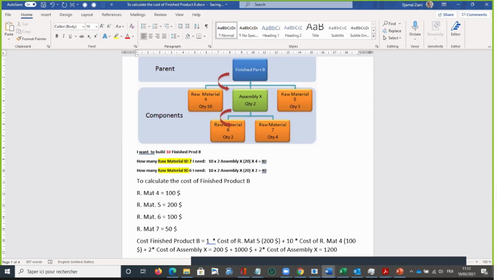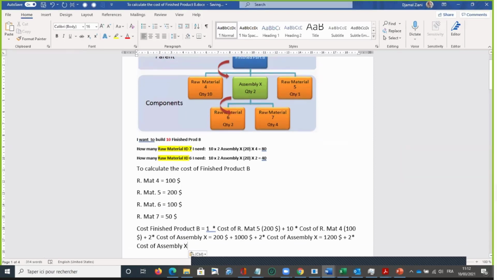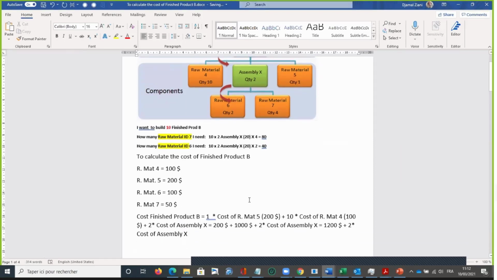Okay, plus. Okay, this one. Now I will go to the cost of assembly X. One cost. Equal what? One. After that I will multiply this.